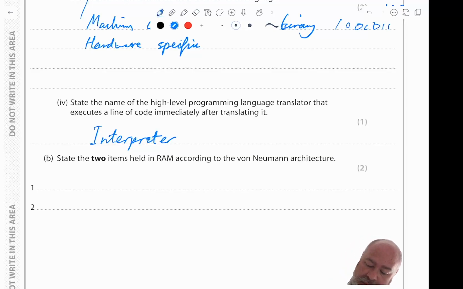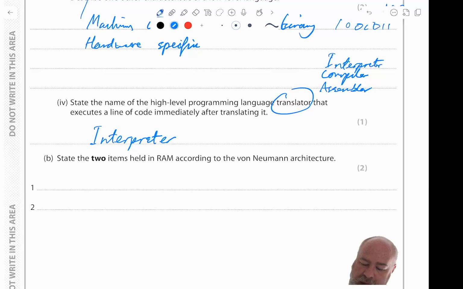So there are different types of translators. There's an assembler, compiler, and interpreter. So here it's asking you to remember what high-level language uses that to translate.